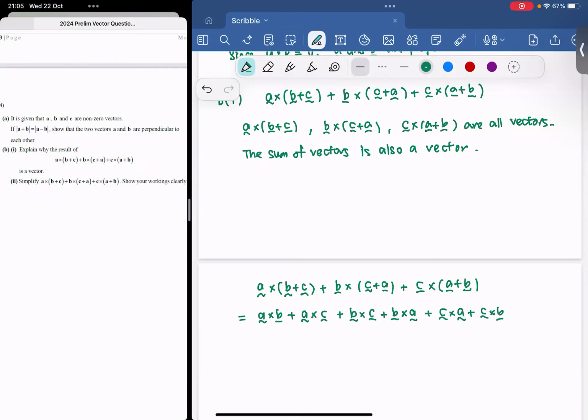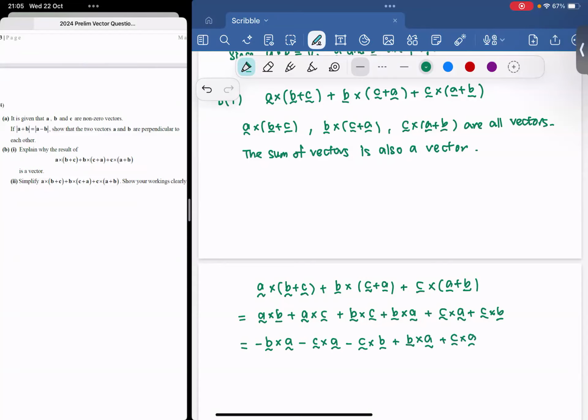We need to take note that B cross C is not the same as C cross B, or A cross B is not the same as B cross A. However, they are related. So you can flip it around by multiplying by a negative. So you only do it to some of the terms, you don't do it to every term.